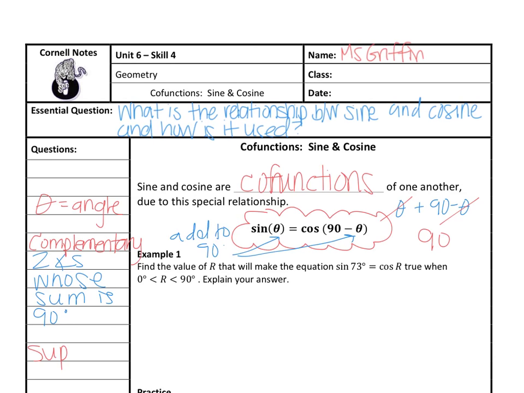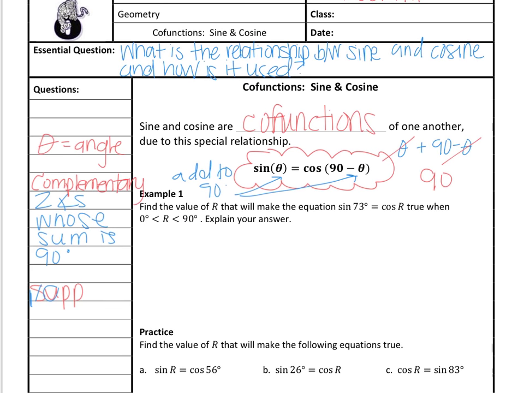Supplementary starts with SUPP. We can turn this into a 180 by putting a 1 in front, change the S to an 8, and turn that into a 0, right? That's a little bit of a stretch, but complementary is even better in that it starts with COMP. Turn the C into a 9 and you already have your 0. Complementary is 90, supplementary is 180. The relationship we're talking about here today is 90.